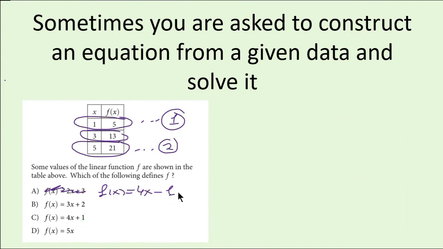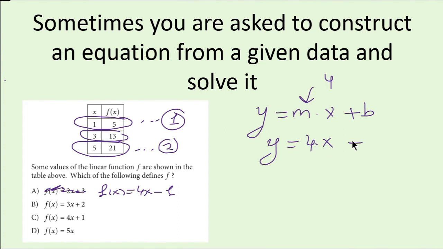So let's take a look here. We have already found that in the equation y is equal to m times x plus b, m is going to be 4. So let's rewrite y is equal to 4 multiplied by x plus b. Now we're trying to find b. In order to find b, we can plug any of these points into this equation, y is equal to 4 times x plus b.